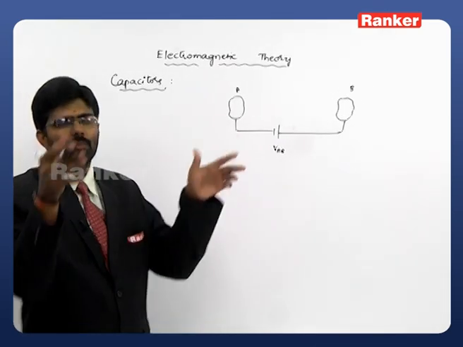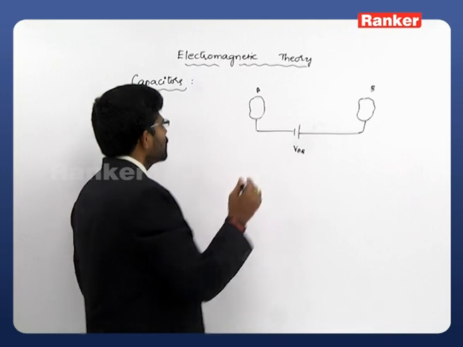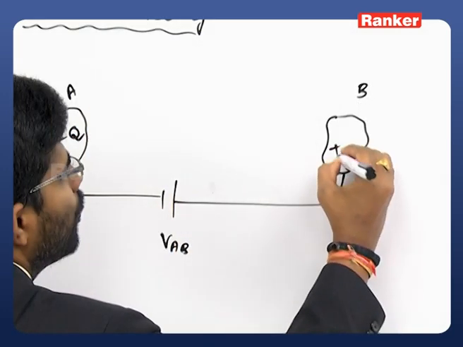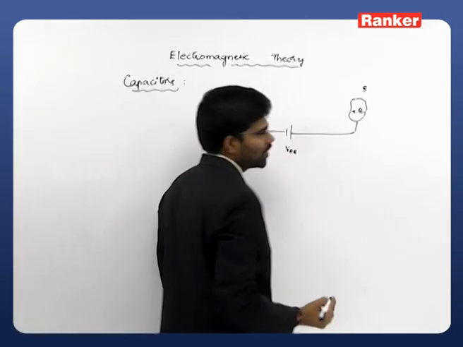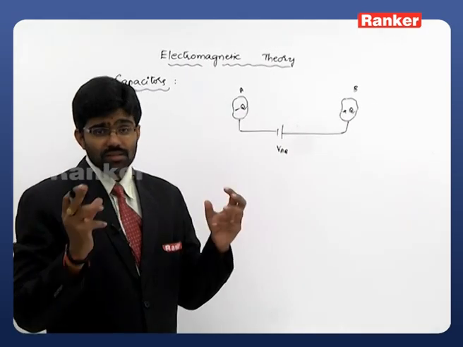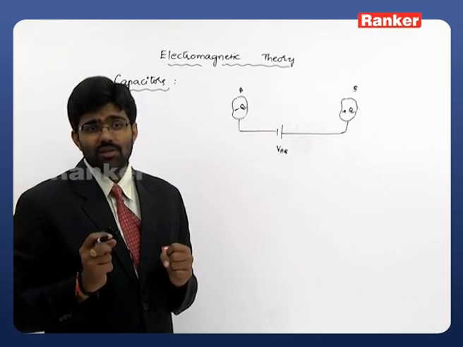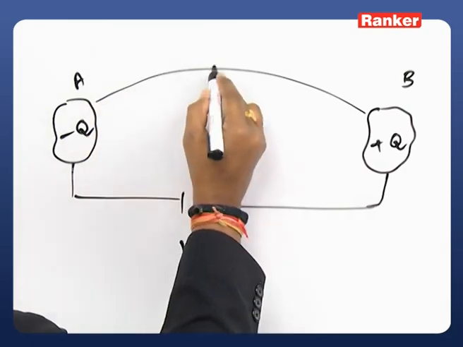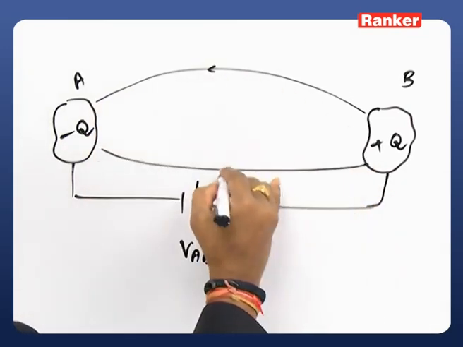What we are doing is applying the potential, right? So clearly this becomes a negative charge and this becomes a positive charge. On the surface of the conductor, definitely some charges will be accumulated. Since there is some charge, an electric field will be observed, and that electric field always flows from the positive charge to the negative charge, like this.